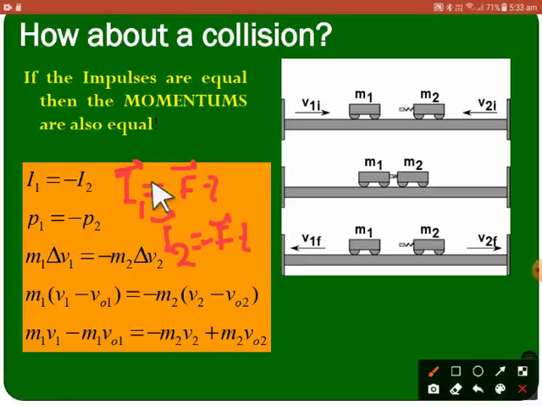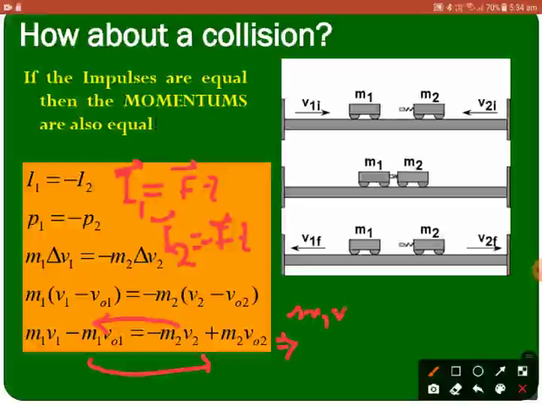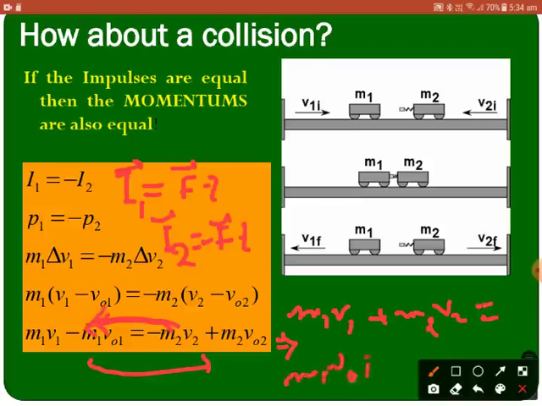So from this equation, if you do it this way, you transfer the final velocities toward the left-hand side and the initial velocities toward the right-hand side, so that it will be m1 v1 plus m2 v2 on the left-hand side, equal to m1 v01 plus m2 v02 on the right-hand side, like this.